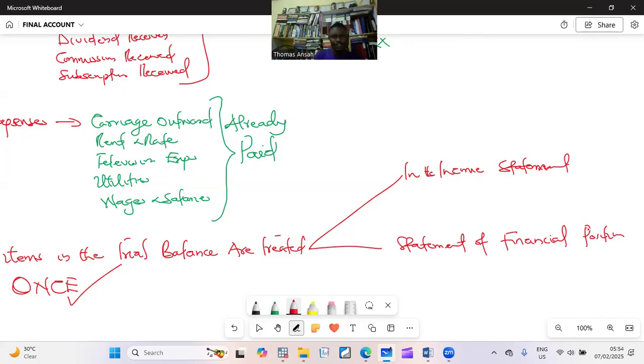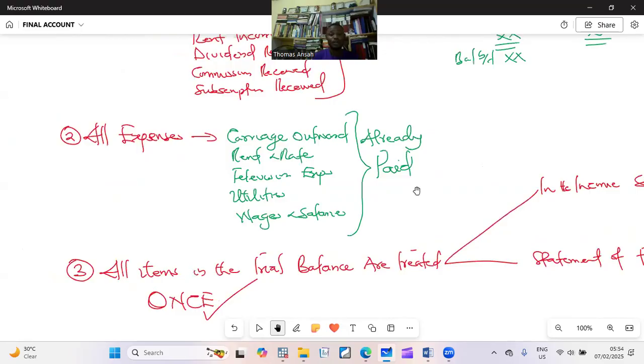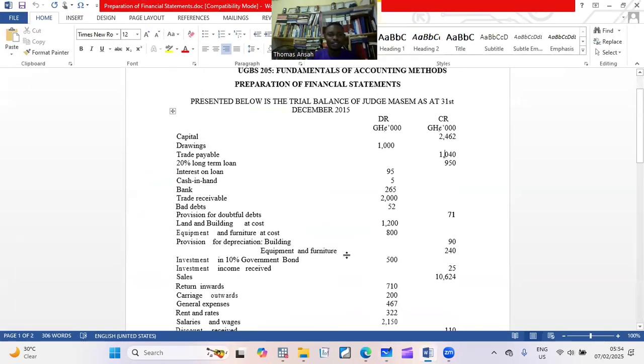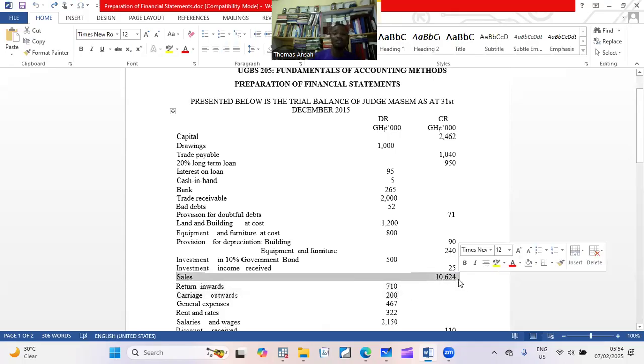If you do that, then it means that you have done it twice. So take note of these instructions when it comes to the trial balance. For example, if I am preparing my income statement, something like sales will only come into the income statement. I will only record it in my income statement as sales. That's all.